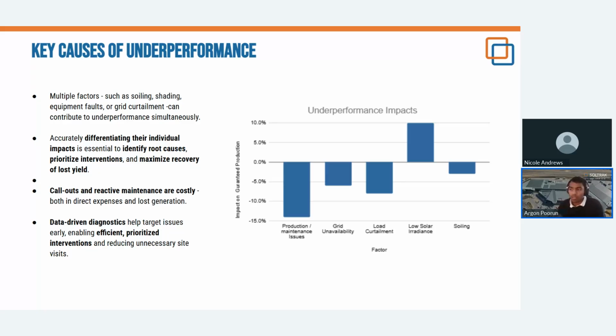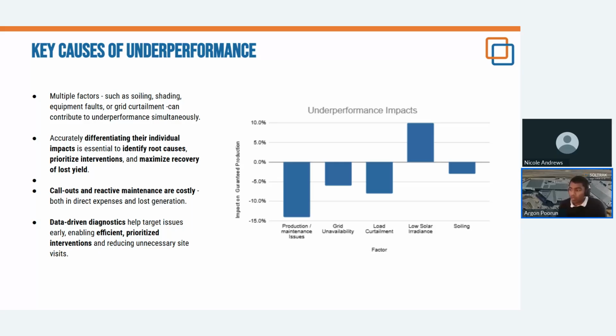It's quite important to show and differentiate between the different impacts, because, for example, you could have a very bad weather month but the site is performing quite well, and you then know that the service provider is actually doing their job. It was just a very poor solar irradiance month.